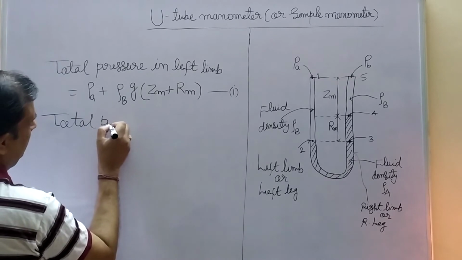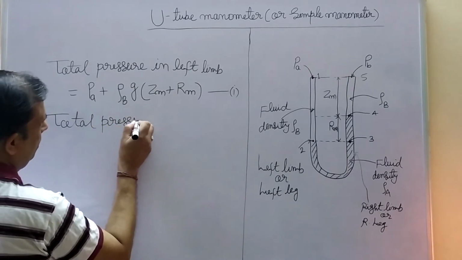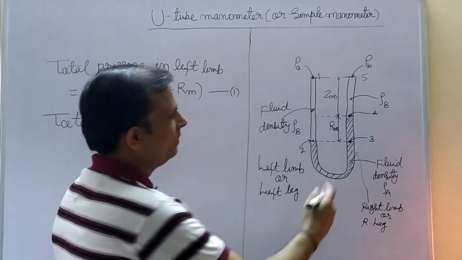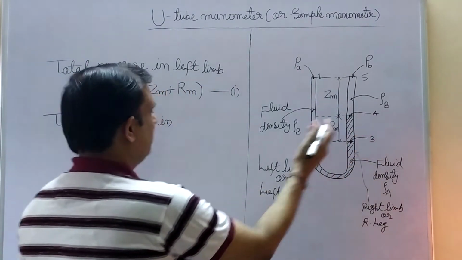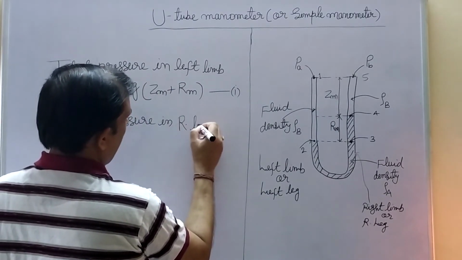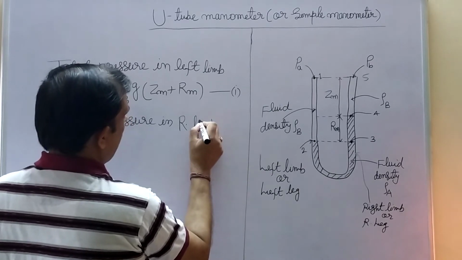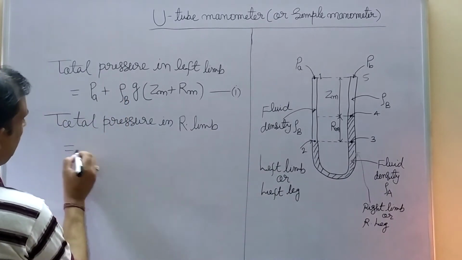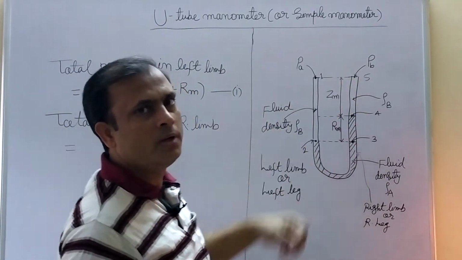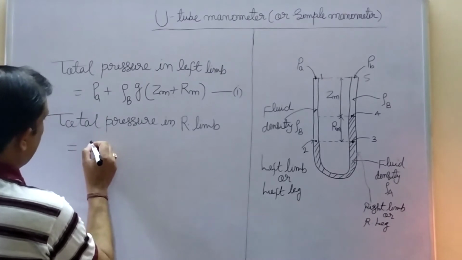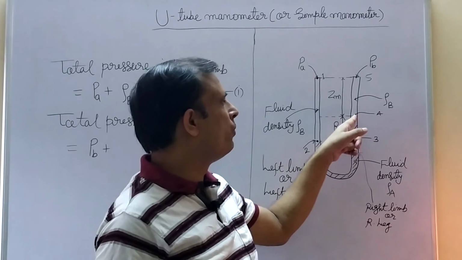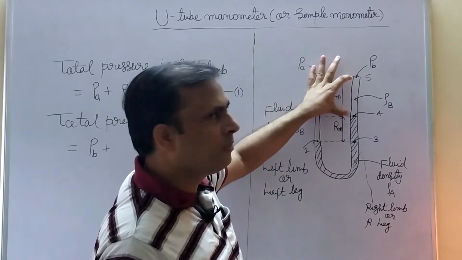Next, the total pressure in the right limb. This is the right limb or right leg. So the total pressure in the right limb equals the pressure at point 5, PB, plus the pressure at point 4 due to the weight of liquid.